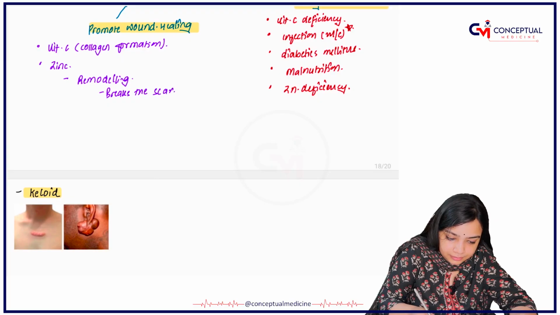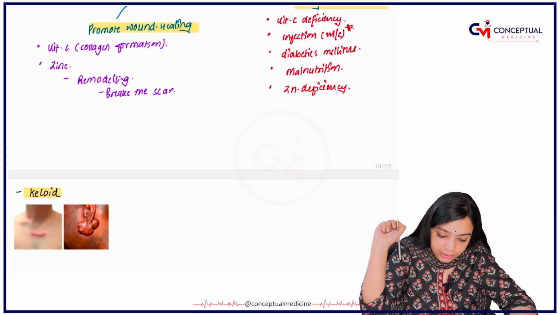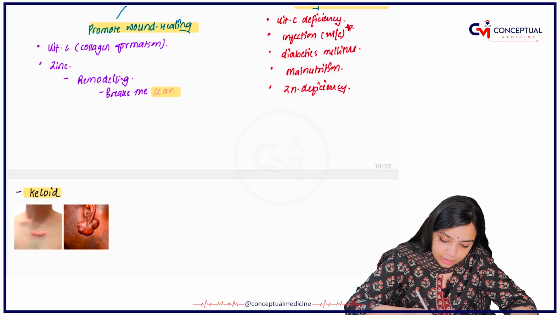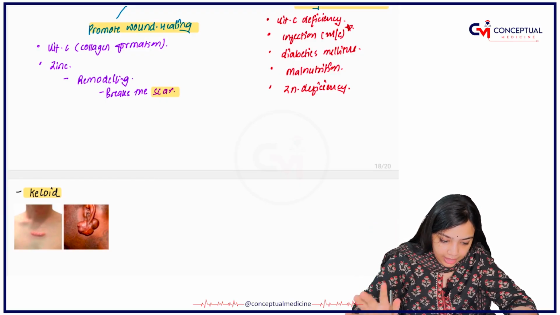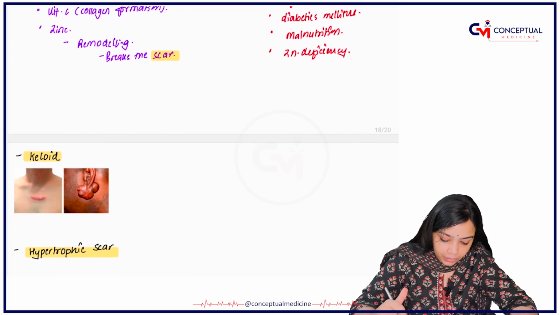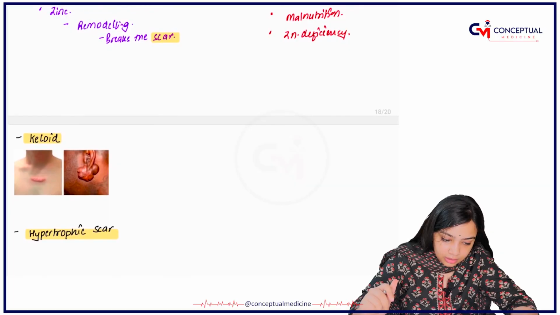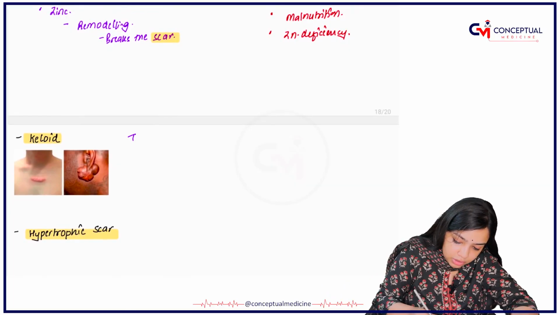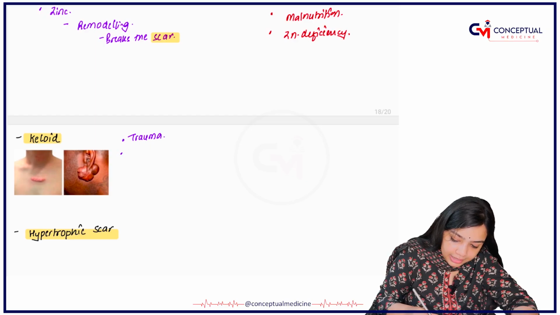If we are talking about scars, let's talk about two very special types of scar. The first one is the keloid. Keloid is a type of scar caused by trauma, and it crosses the margin.